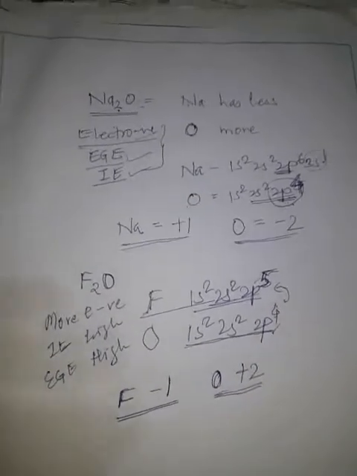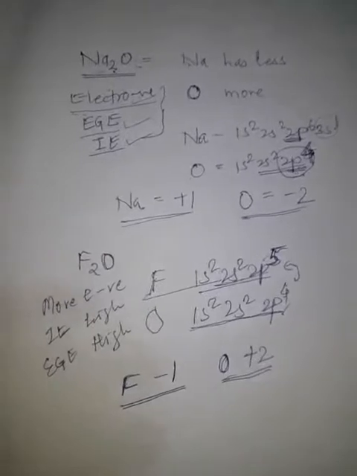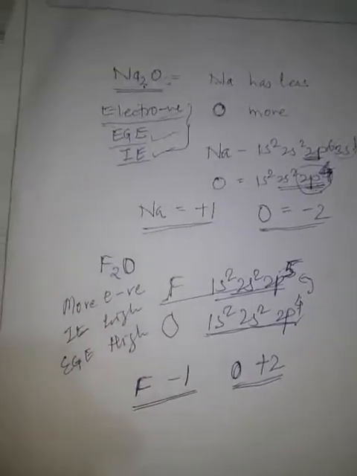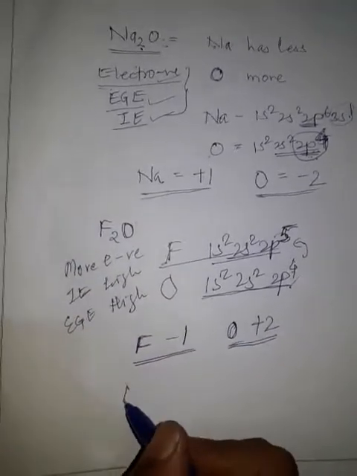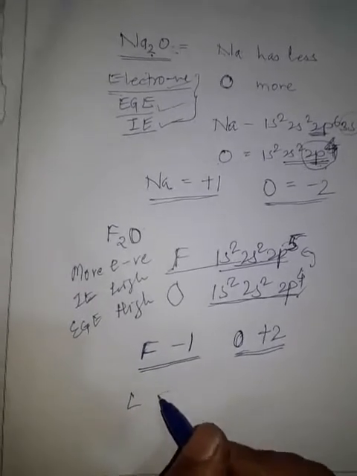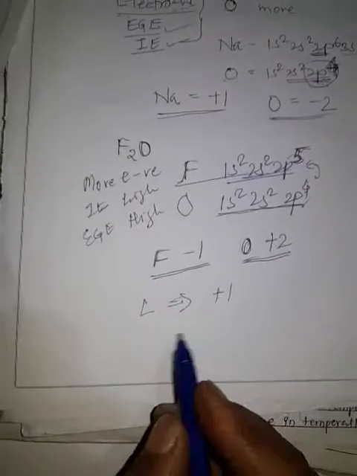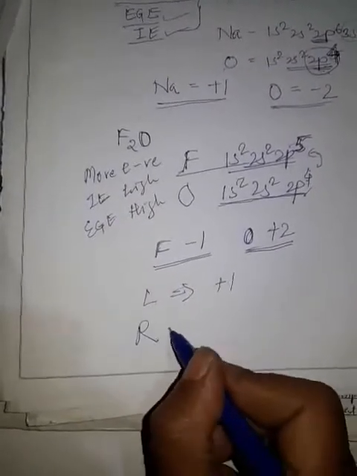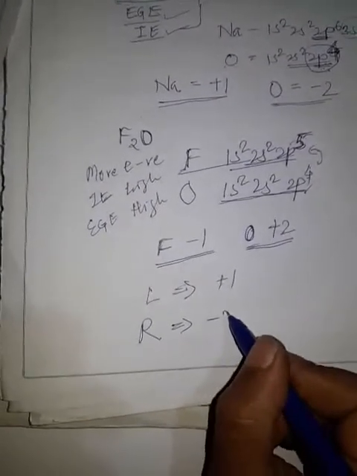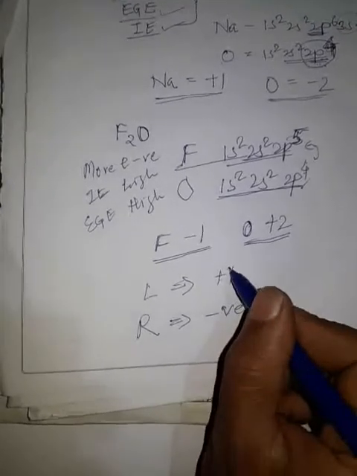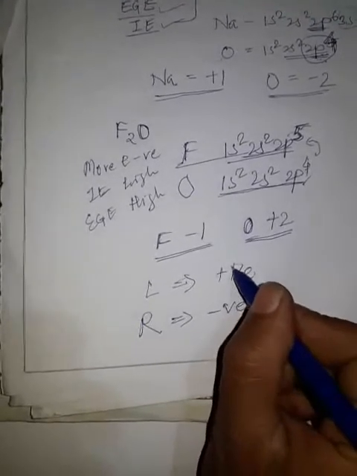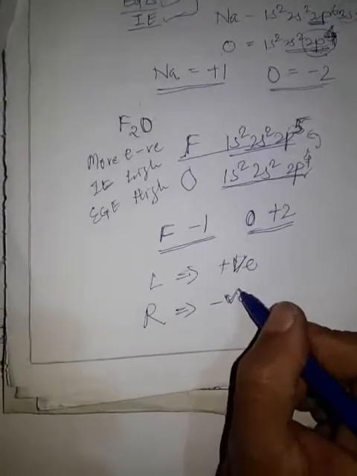Now if the element is from the extreme left, it always carries a positive charge, and the elements from the extreme right always carry a negative charge. They are electropositive, and they are electronegative.